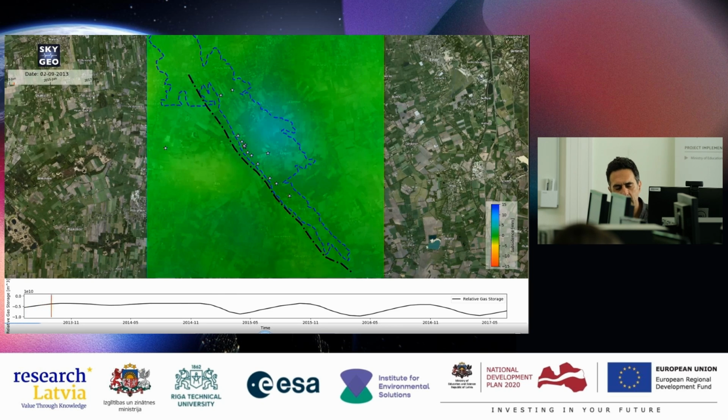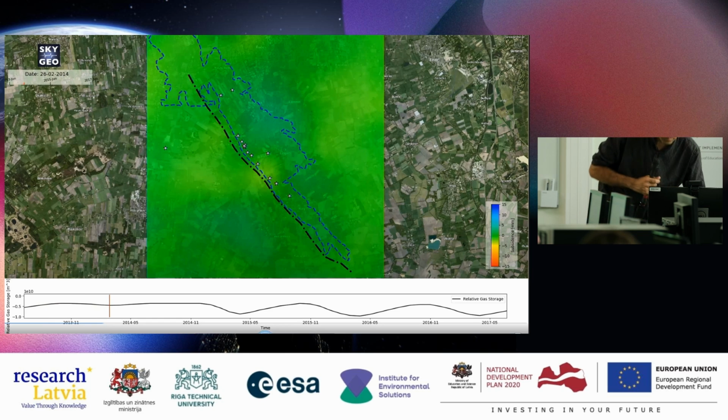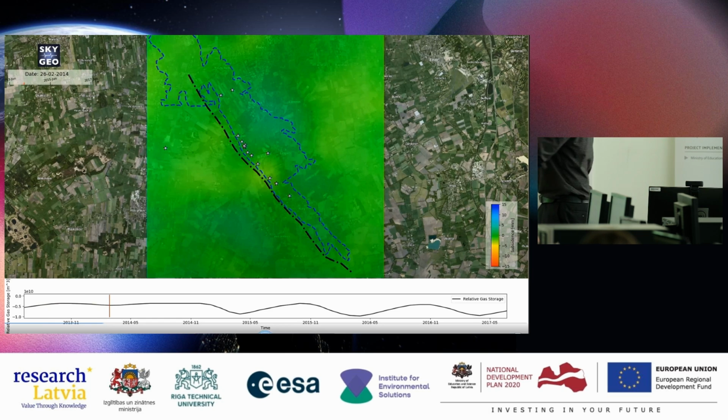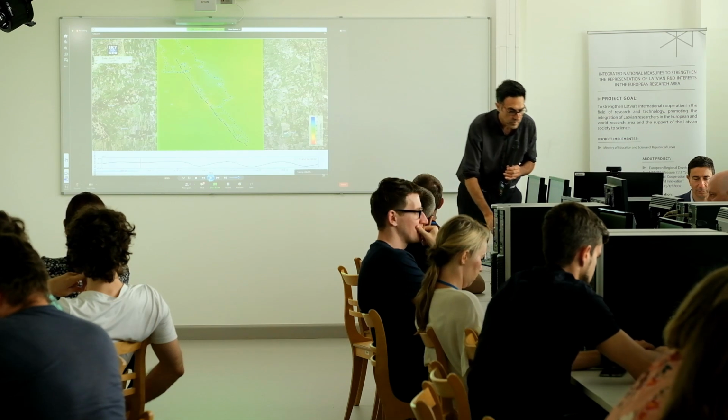So basically the idea here is, if you have these gas storages, you could use this, for example, to compute with the porosity and the permeability of the rock how much gas is there and what the pressure of the gas inside is. And what is very important here is this fault, this black dash-dotted line.